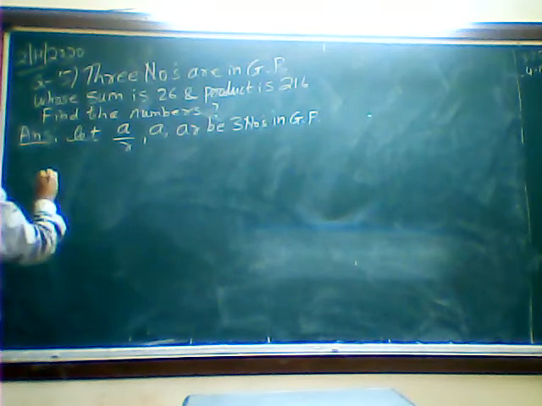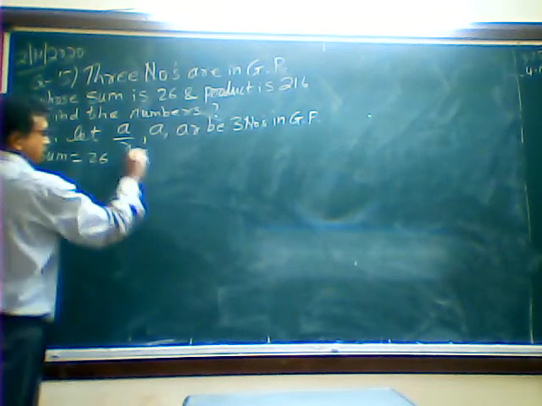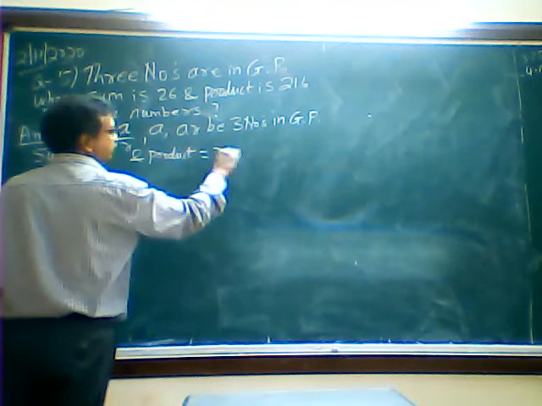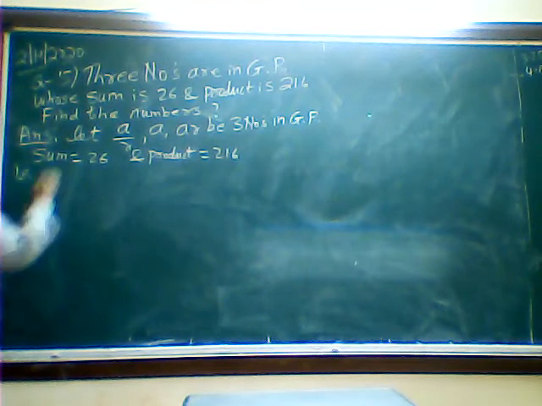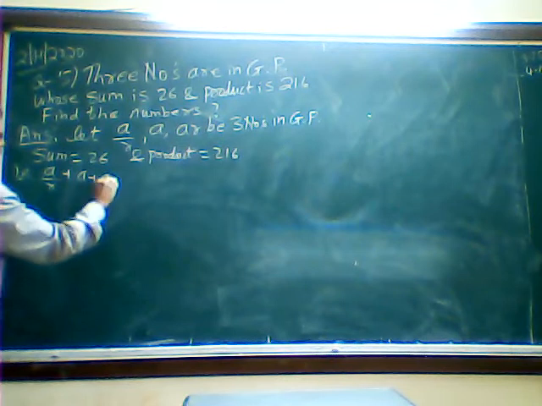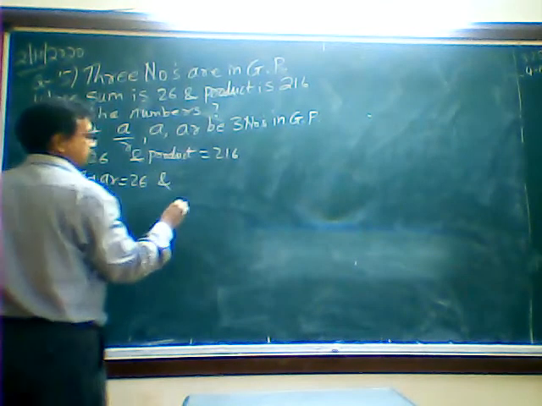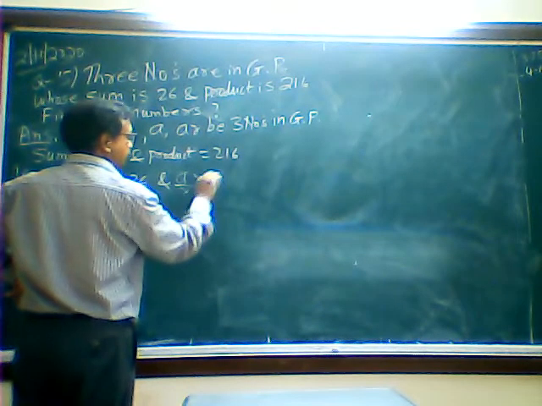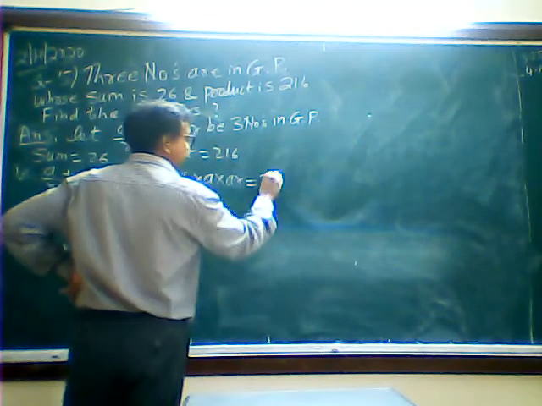What is given here? Sum and product. Sum is equal to 26 and product is equal to 216. What is sum? A upon R plus A plus AR is equal to 26, and product is A upon R multiplied by A multiplied by AR is equal to 216.